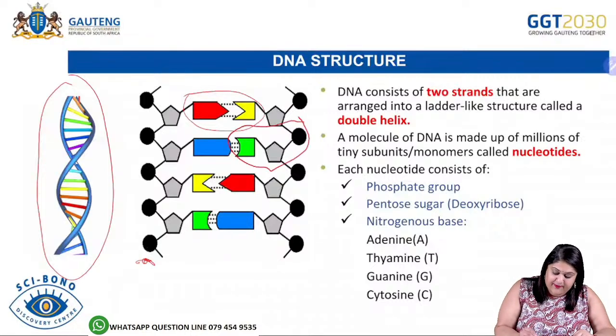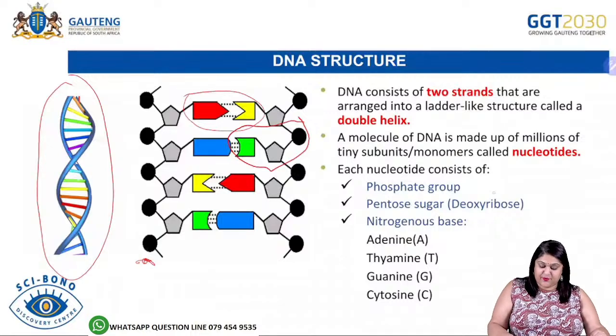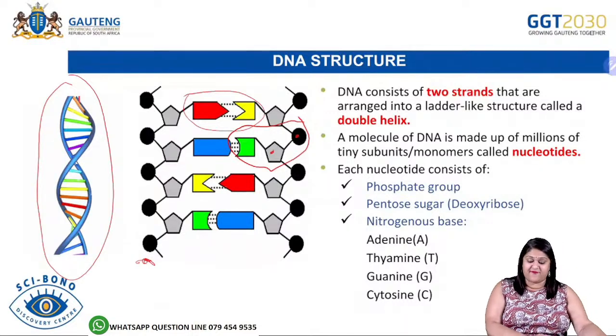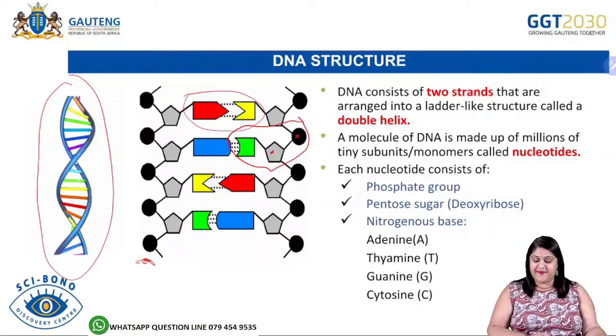It is made up of a phosphate group, which is this black dot, a pentose sugar, which in this instance is a deoxyribose. You can see there it is 5-sided. That's where it gets its name from, pentose, and its name is deoxyribose.